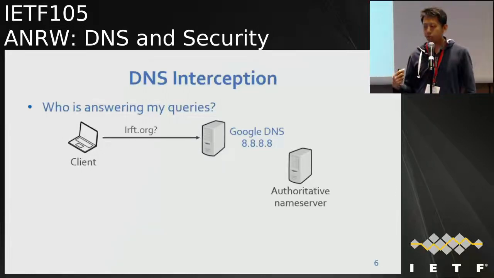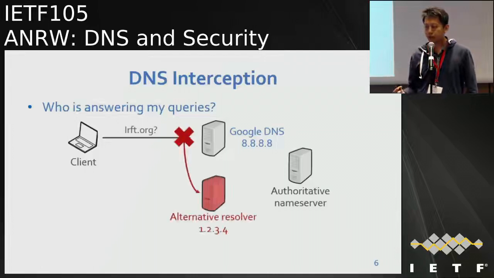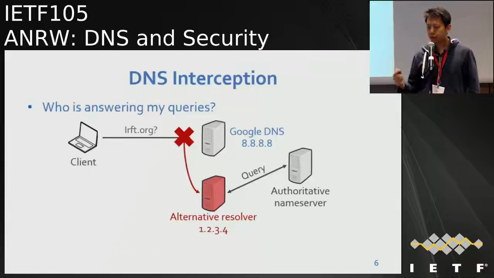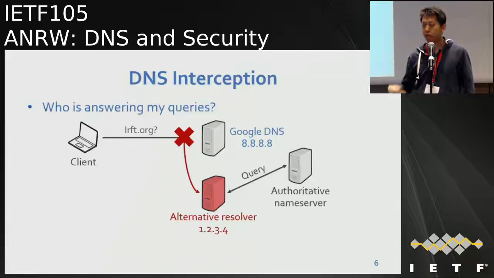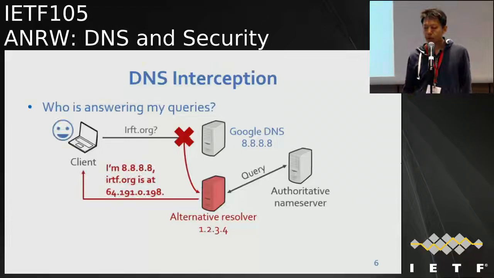In particular, we look into this specific case: there's a guy on the path who intercepts your DNS request and redirects it to an alternative resolver, and lets this alternative resolver handle the resolution. Then the public DNS, say Google, will be kicked out completely from this picture, and this alternative resolver will do the query and response handling and finally give the response to the user. That's the main problem we look into in this work.